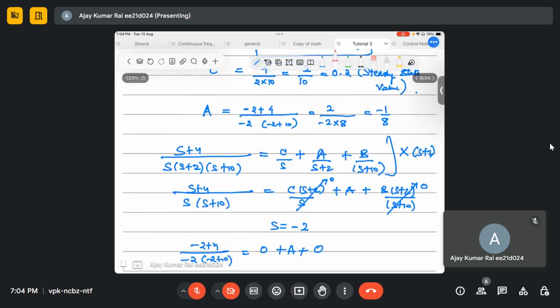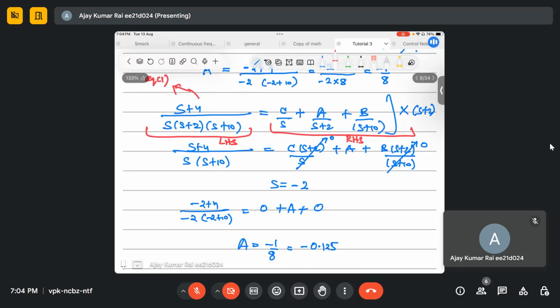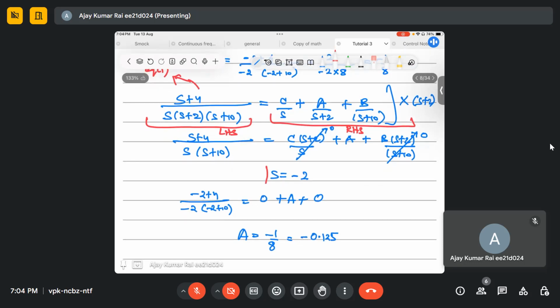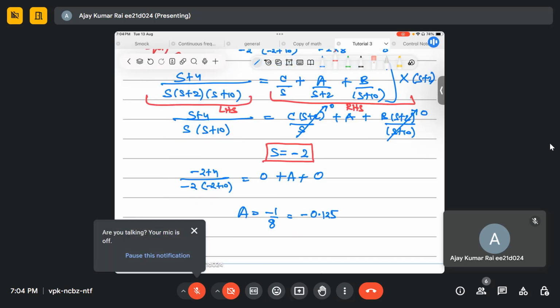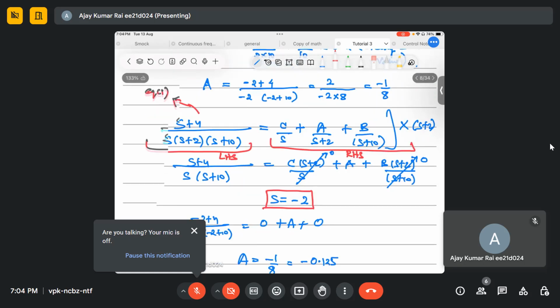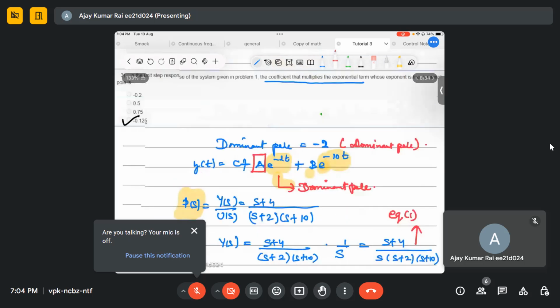This is your left hand side and this is your right hand side. Simply multiply by s plus 2, and you'll get this, then put s equal to minus 2. If you put s equal to minus 2, you'll get the coefficient a, which comes out to be minus 1 by 8, which is equal to minus 0.125. That's what is asked.